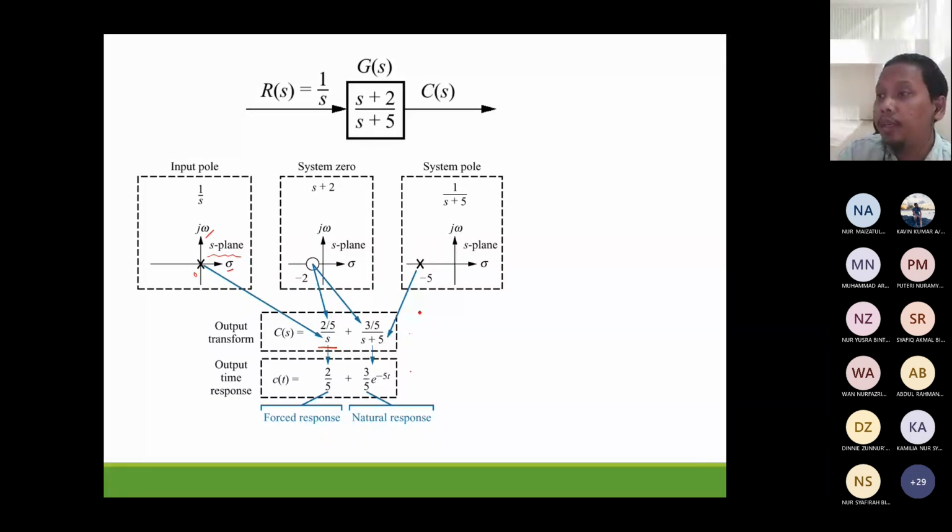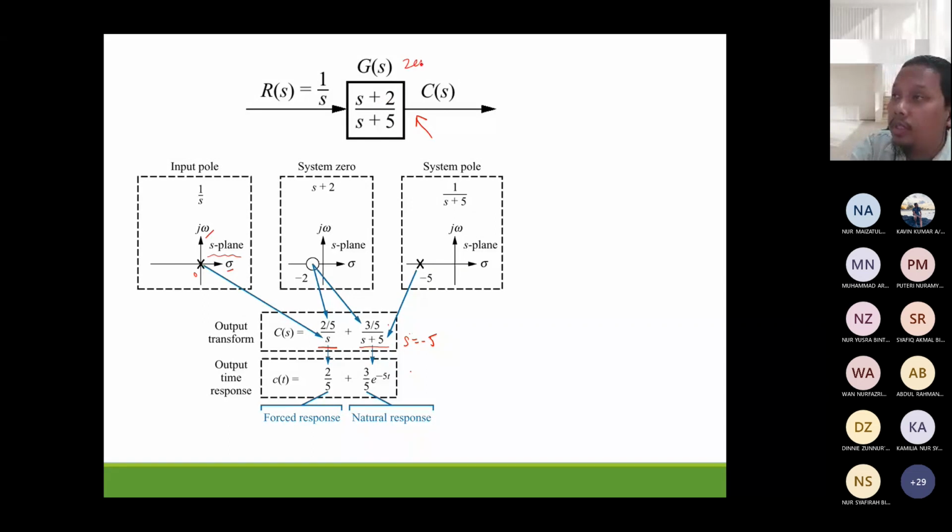And the second part here, we have 3 over 5 divided by S plus 5. So the S plus 5 here is actually a pole at -5. So we can plot the pole at -5 here. So if you look at the system, the original transfer function here, we have S plus 2.